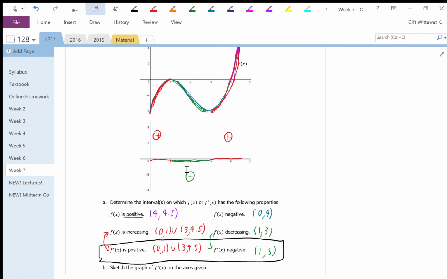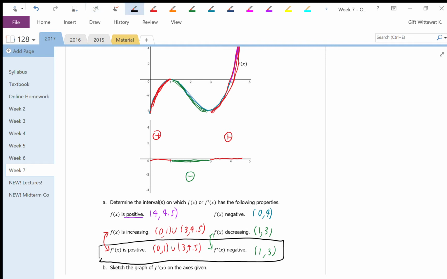So if I have to draw the graph, it should look something like this: it crosses the axis down here, stays down here, and goes up here. That will satisfy my condition.